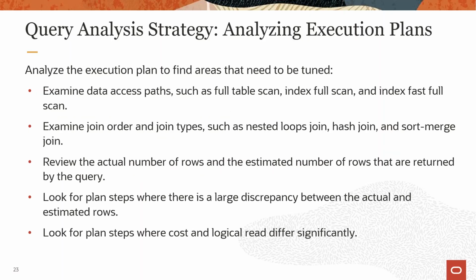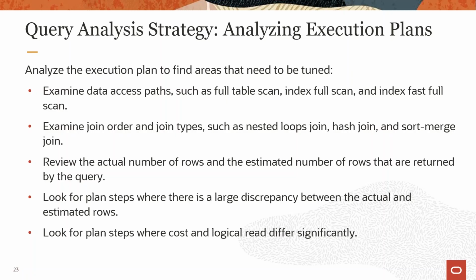After you have captured the execution plan, you're going to analyze that execution plan to find areas that need to be tuned. So examine data access paths, such as full table scan, or look if an index is present and if that index is being chosen as the most optimal way to obtain your data. Examine the join order and join types, such as the nested loop join, the hash join, and the sort merge join.